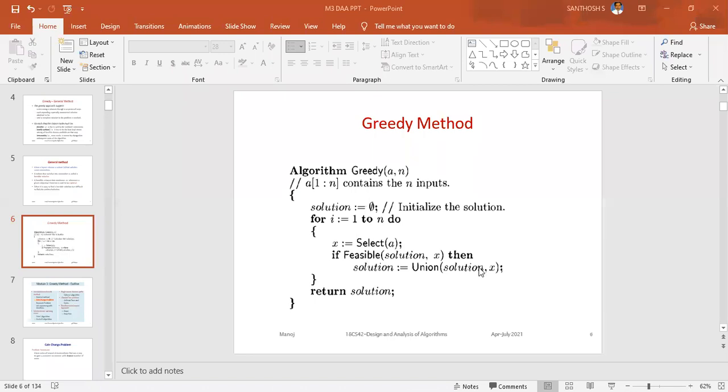So feasible will be the step two. Step one. What is the step one of greedy method?